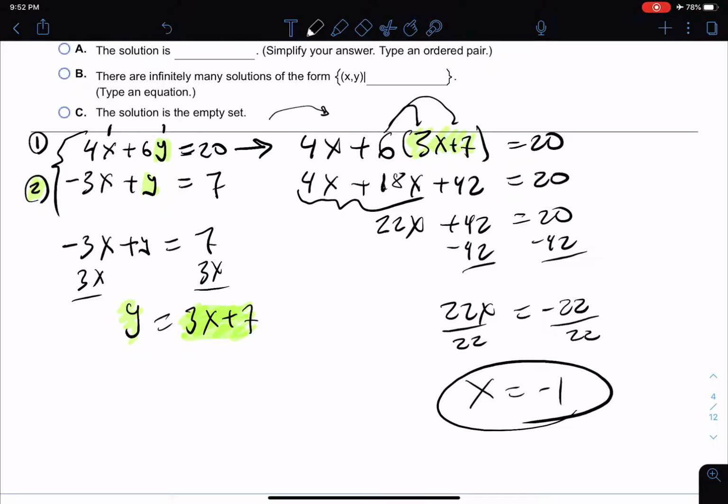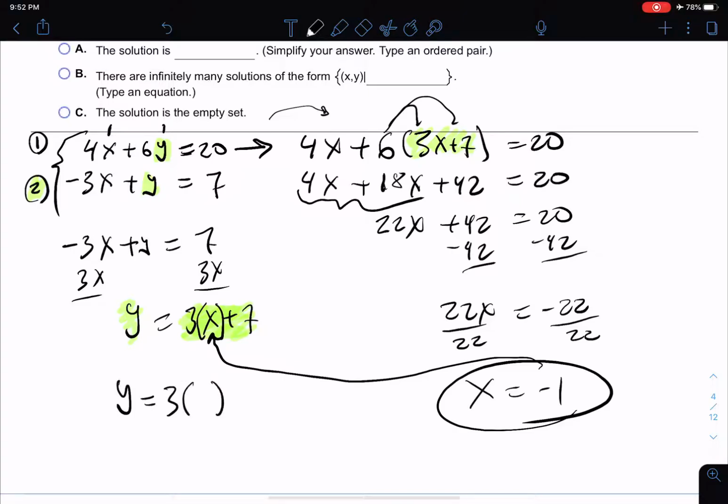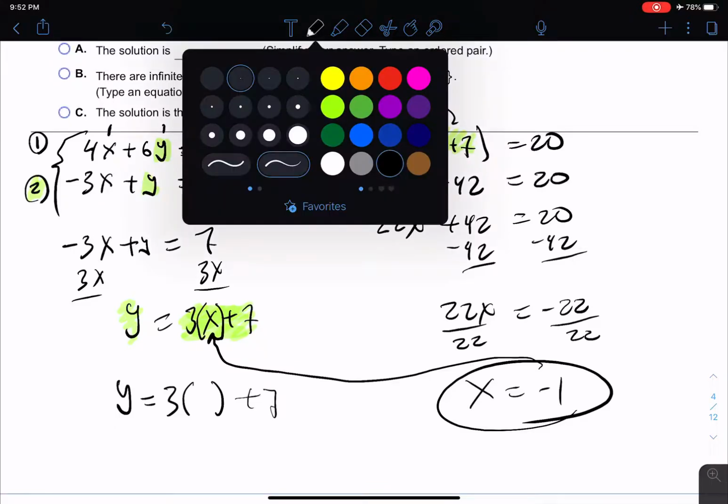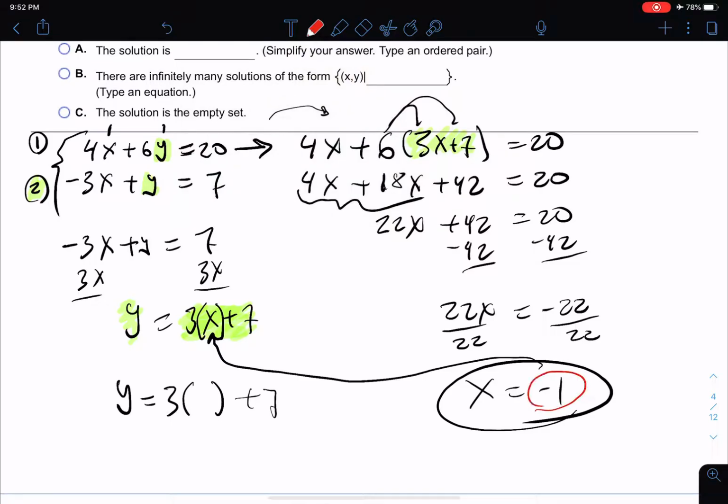I've got my x. Of course, getting the y is easy because you can substitute it back into this equation right here, right? Unless you made a mistake getting there, but if you made a mistake getting there, everything's a big mistake. So the only way you know at the end is by checking it, right? So let's go ahead and say y equals 3 times x plus 7, and we found out that that x value happens to be negative 1.